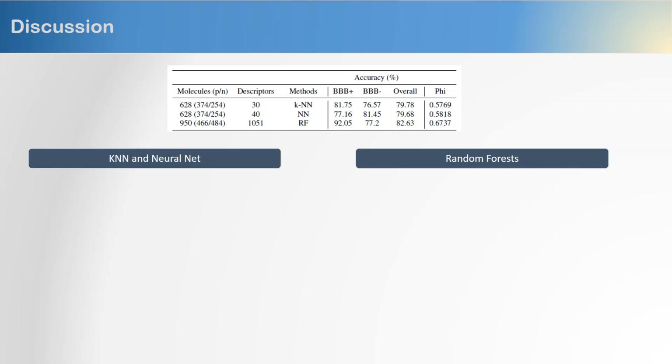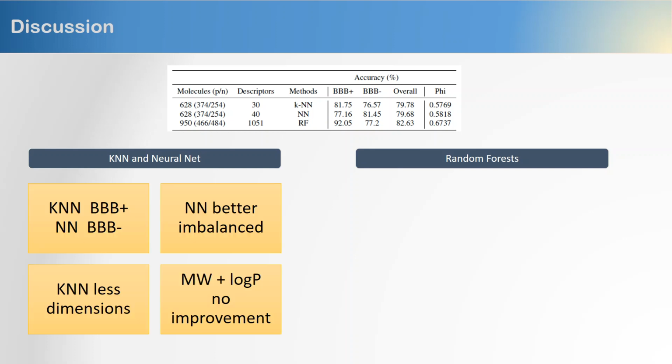Discussing the comparison between KNN and neural nets, the overall accuracy and phi were similar. The difference lies in KNN predicting crossing compounds, whereas the neural net predicts non-crossing molecules better, and is also better to handle the imbalanced datasets. And also KNN requires a lower number of dimensions, which is advantageous.